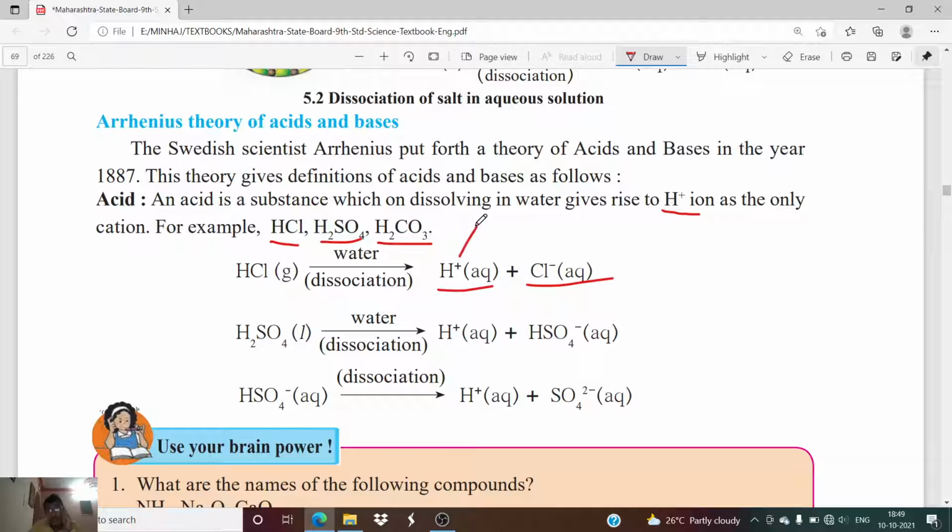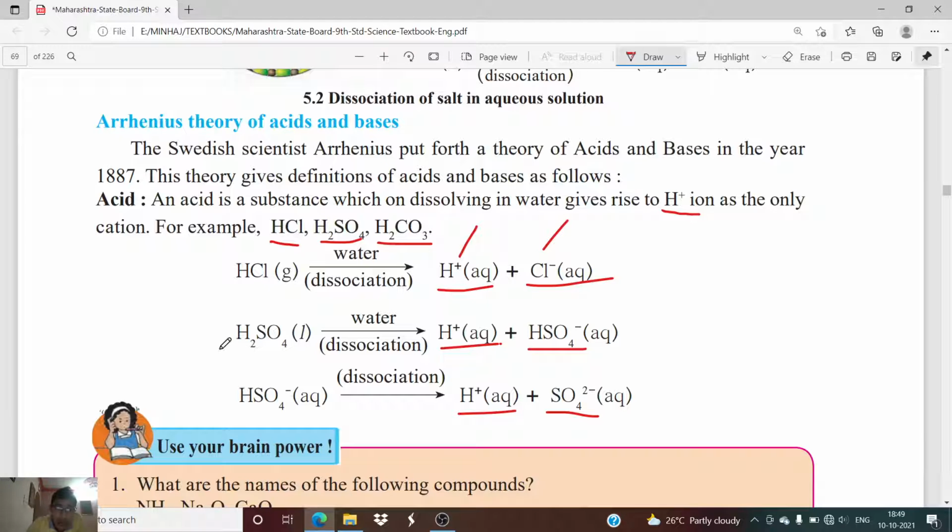So this is my basic radical and this is the acidic radical. Again for H2SO4, the dissociation will be like this: H+ ion and HSO4- ion. And again the HSO4- will dissociate into H+ ion and SO4 2-.